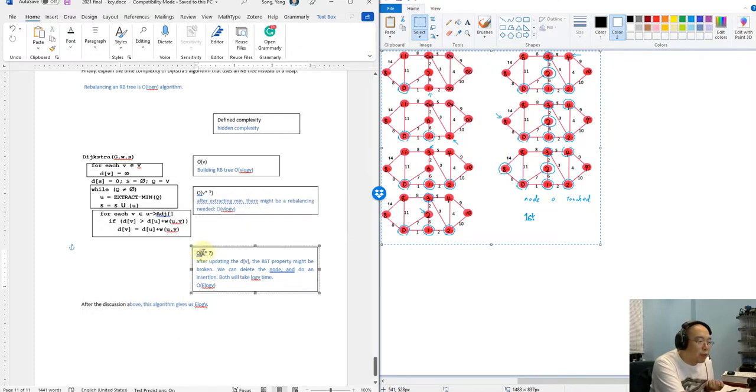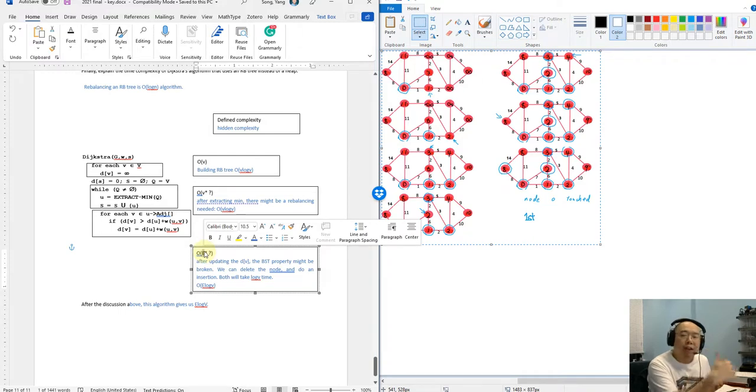And then we want to update some of the values in the priority queue. Once we update some of the priorities, some of the nodes should be swapped.